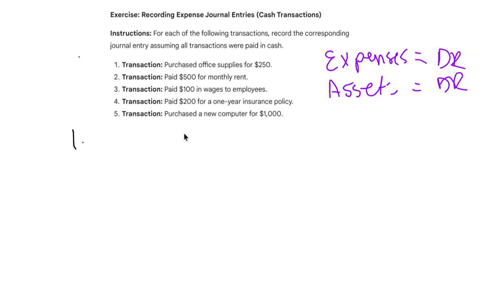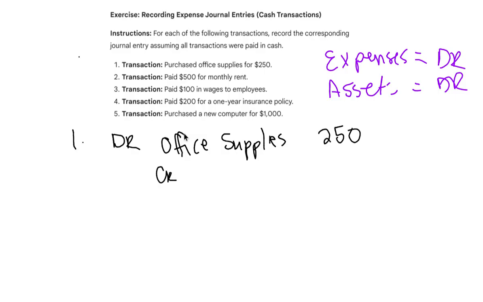Office supplies is an expense account, so we will debit our office supplies with $250, and then we are going to credit our cash because money is going out of our bank. So we are $250 less in our account.